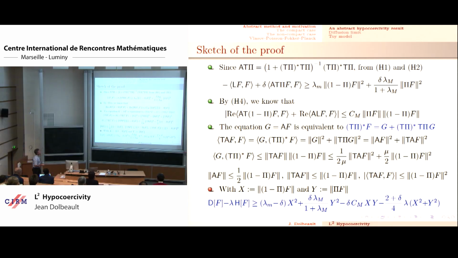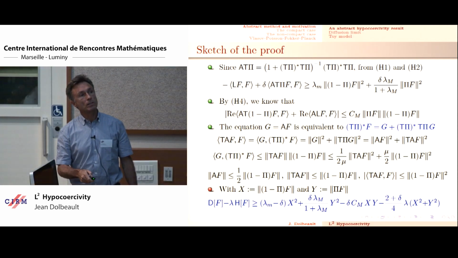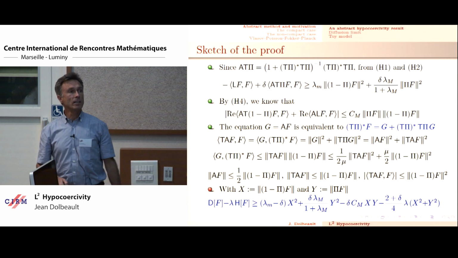Okay, so if you decompose the norm into the component on the kernel of the operator and the orthogonal component, and I call them x and y, actually getting a sign for entropy production minus lambda times the entropy just amounts to looking at the condition for this quadratic form in x and y to be non-negative.